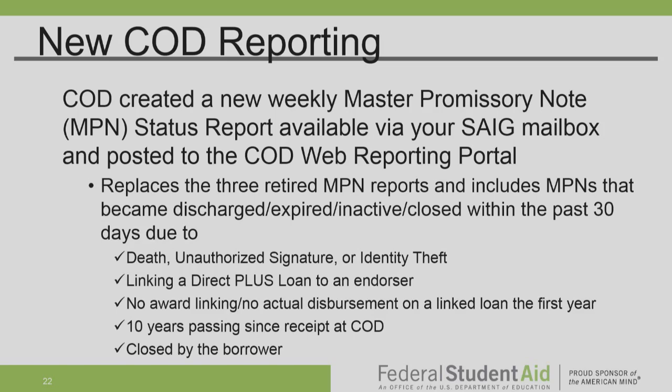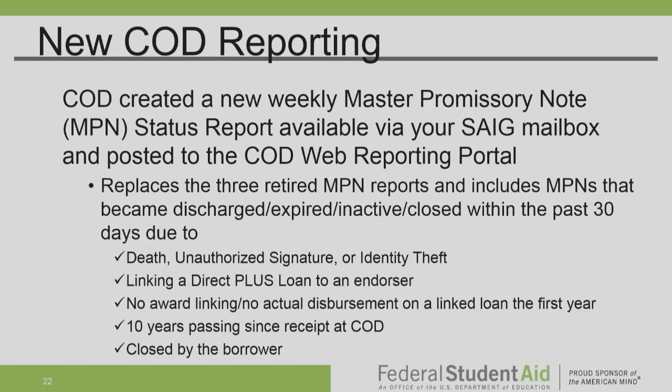And the characteristics of the report now covers what happened to those MPNs if they became discharged, inactive, or closed, or expired within the past 30 days due to, and we've got the reasons up here, of course, that go along with what those other reports showed as well.